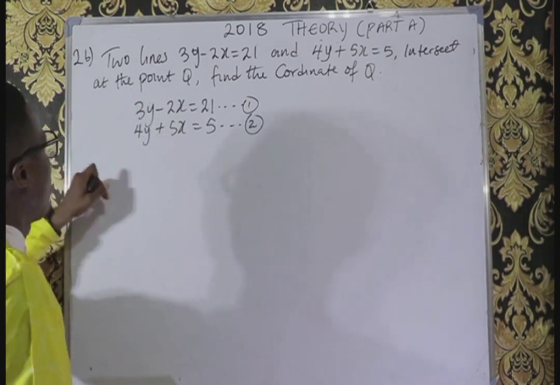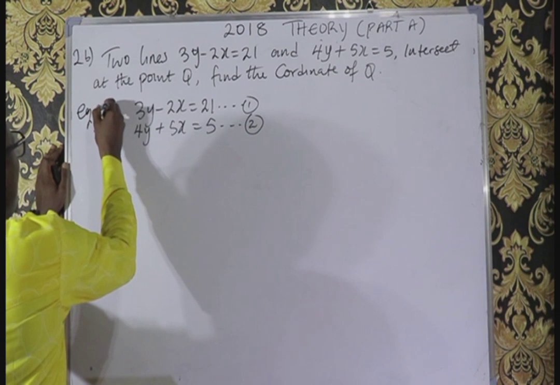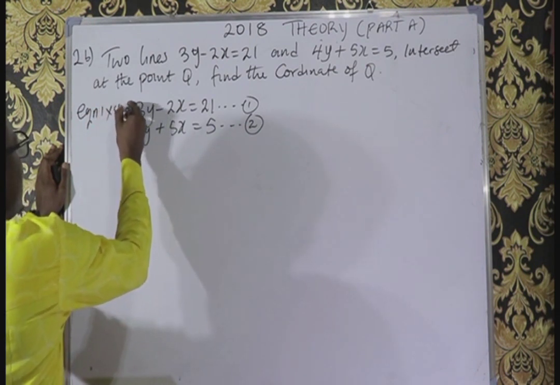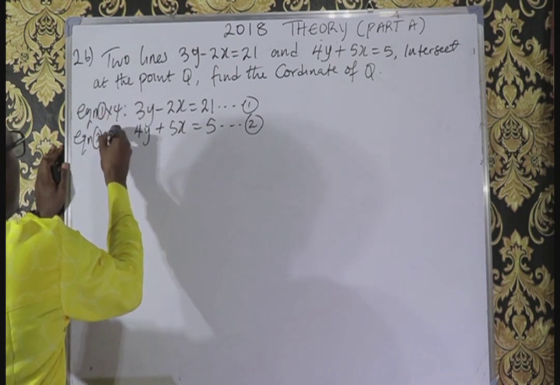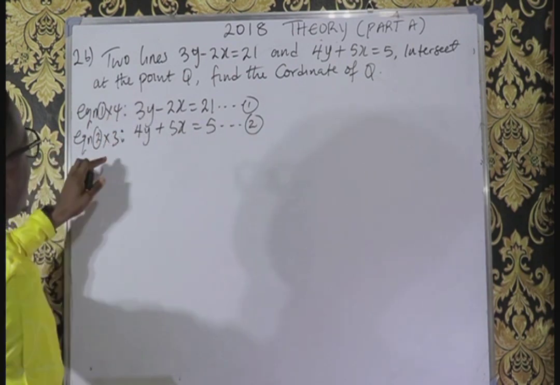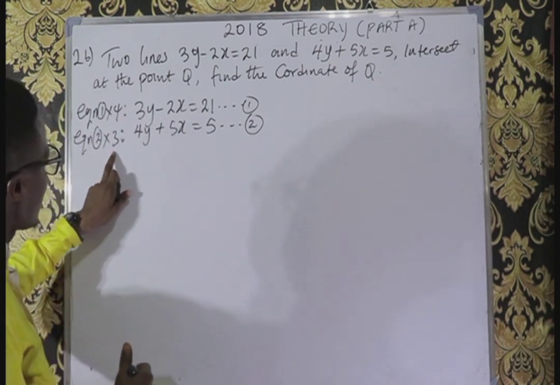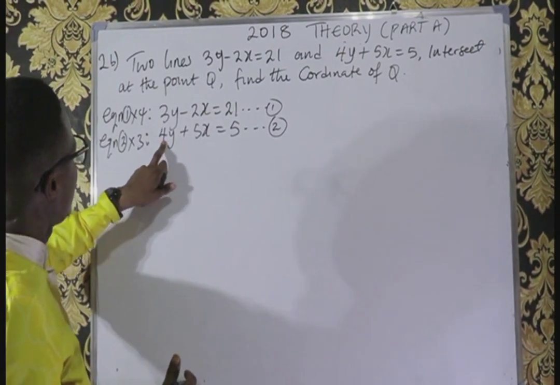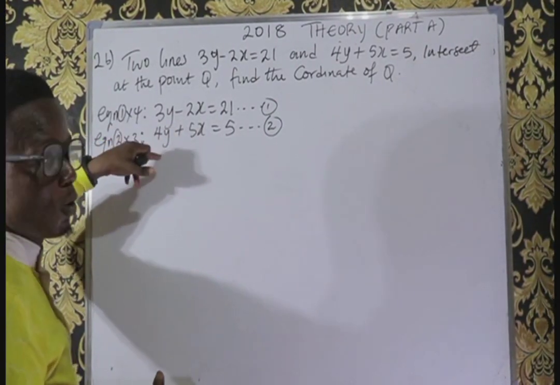For example, if I want to eliminate y, I will multiply equation 1 by 4 and multiply equation 2 by 3. What I did here is that I swapped their coefficients. The coefficient here is 3, I'll use it to multiply the second one, while the coefficient here is 4, I'll use it to multiply the first one, so that they have equal coefficients.